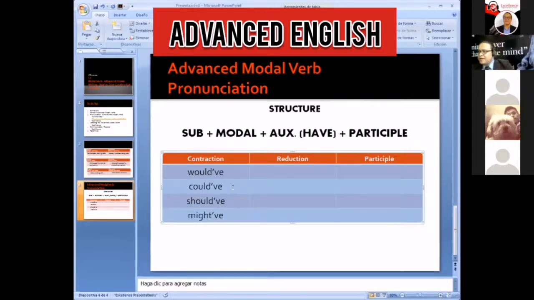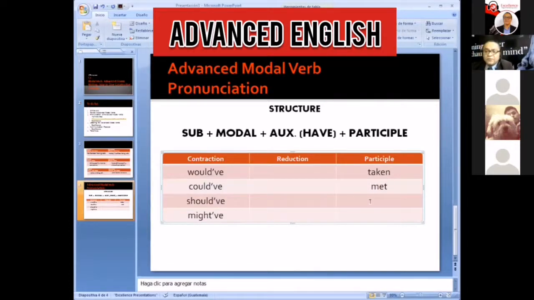Now after this, we need to use a participle form of the verb. Let's say from the video, we have take, took, taken. Another example would be the verb meet: meet, met, stays the same.